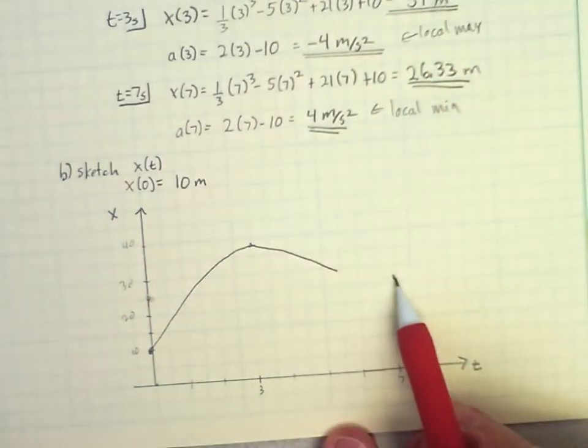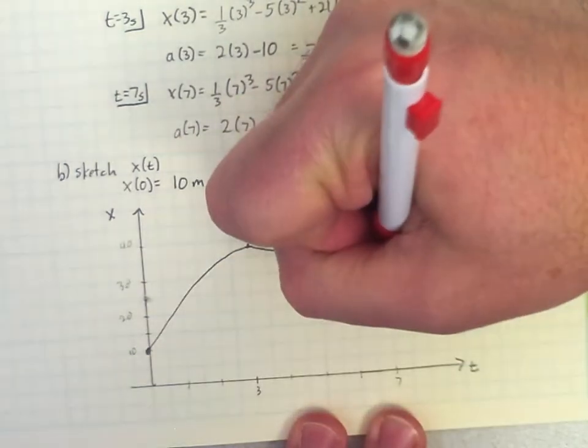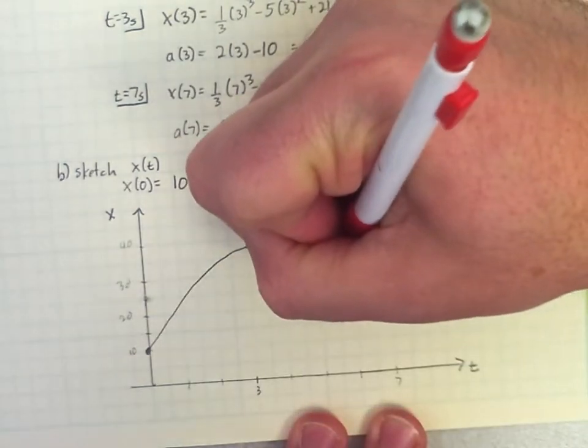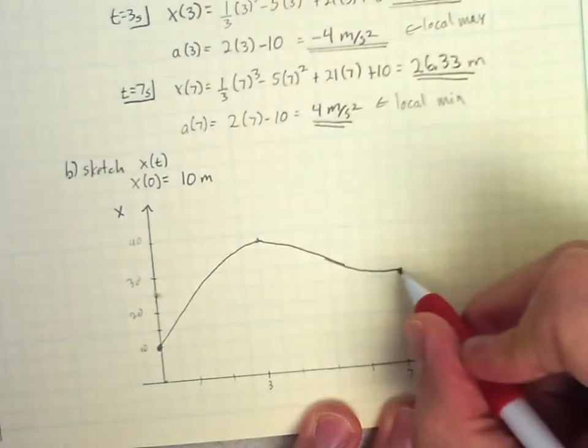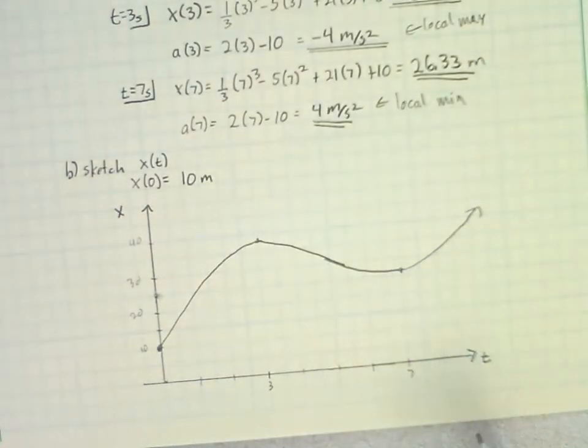Around this area, because this is a local minimum, we know it's got to be curving up. As it leaves here, it's going to be curving up, and we don't know how far it goes.